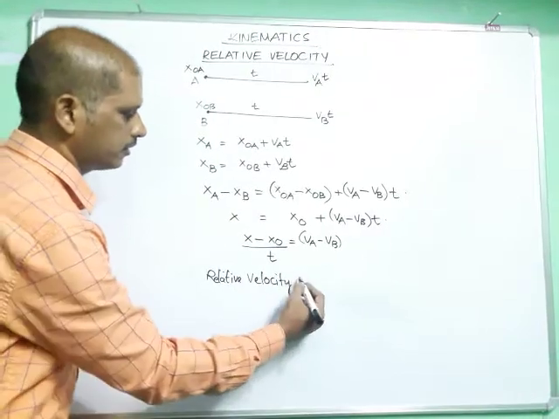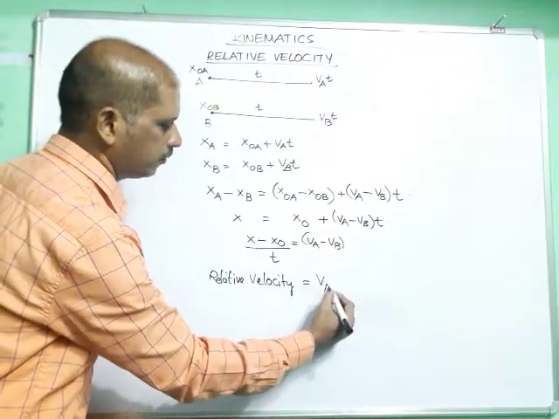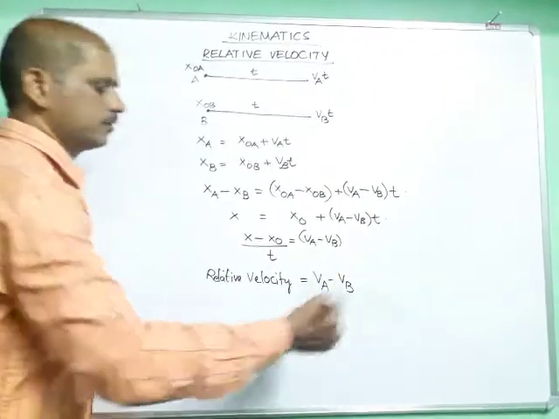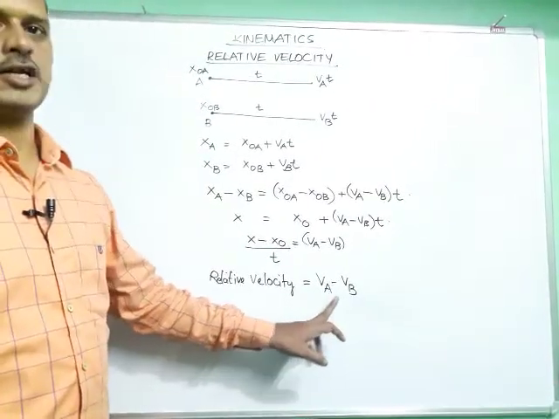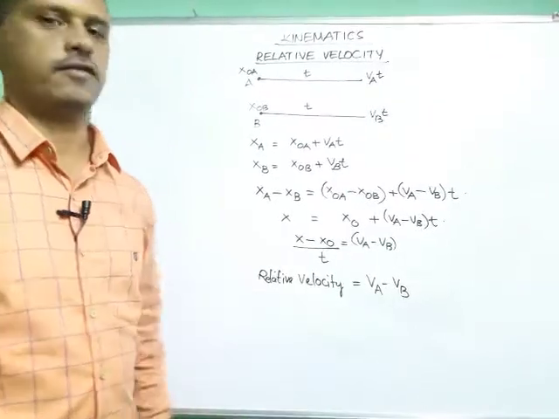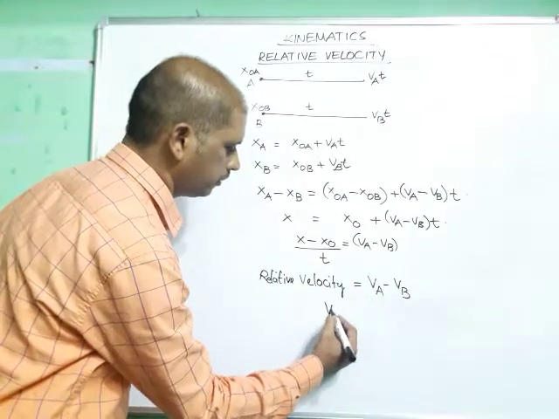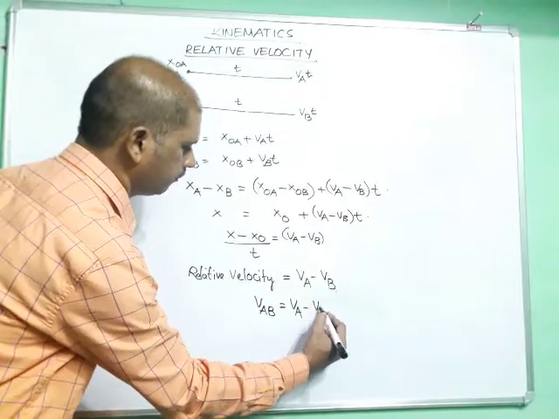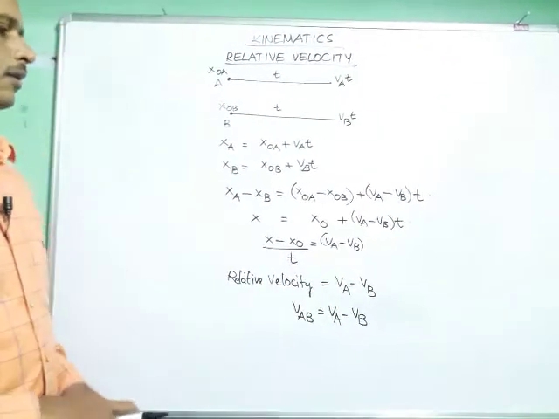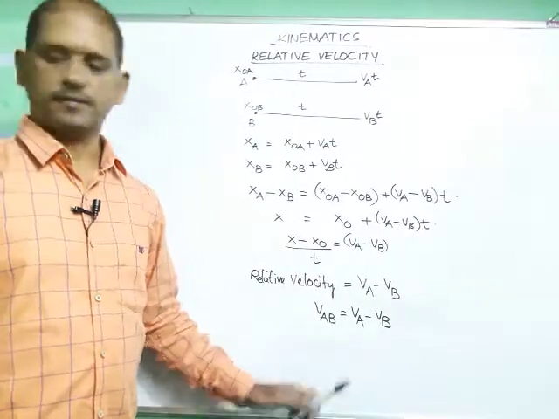The relative velocity of A with respect to B is given by VA minus VB, denoted with VAB, is equal to VA minus VB. So this is the relative velocity.